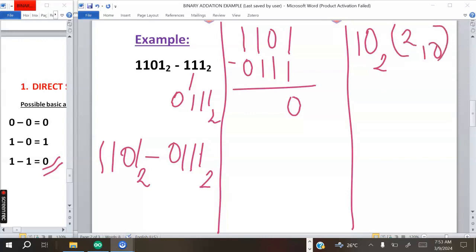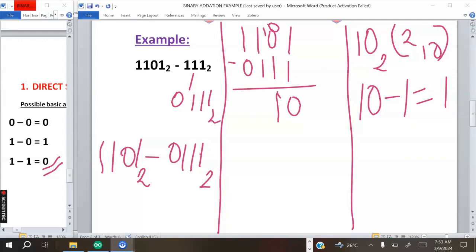Now it means that we'll have 10 minus 1. As per the rule, 0 minus 1 is equal to 1. So whenever you subtract 1 from 0, you will get 1. Therefore, I will write 1 here.